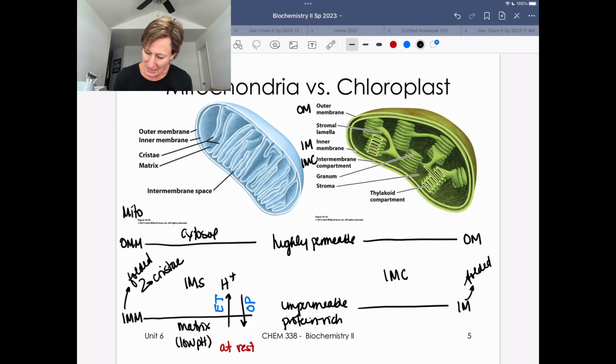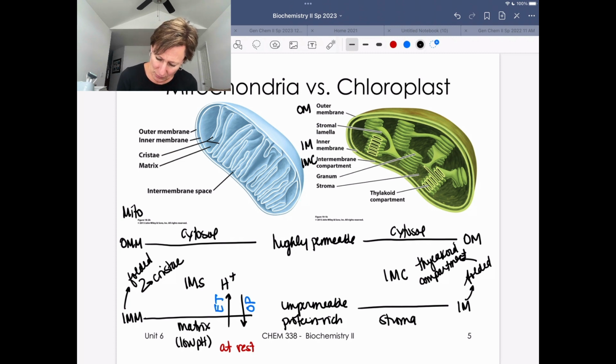So these are folded in a way that creates a thylakoid compartment. Now, we're going to have cytosol all the way on the outside, just like we do with mitochondria. So on the inside, matrix is equivalent to stroma. So again, we've got our stroma here. That's all the way on the inside of our chloroplasts.